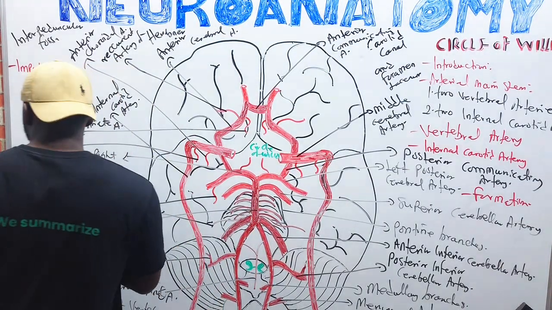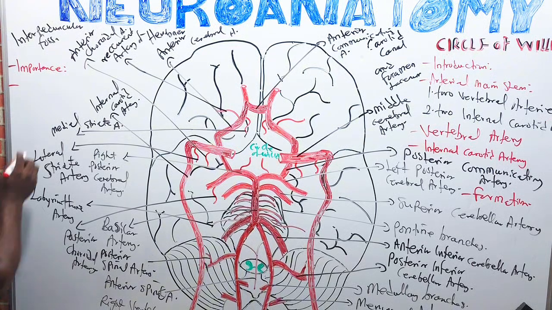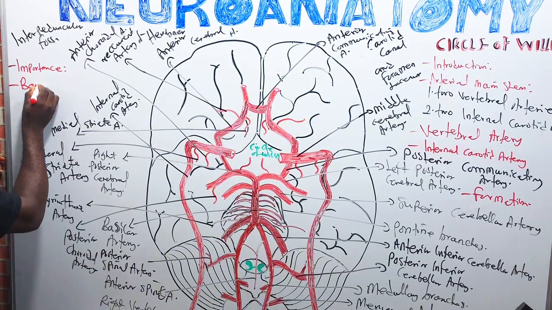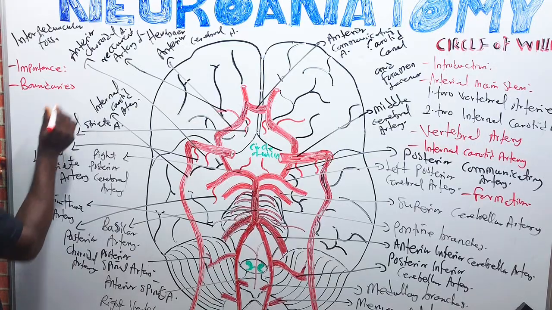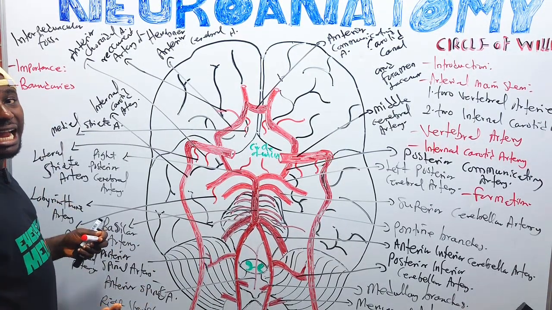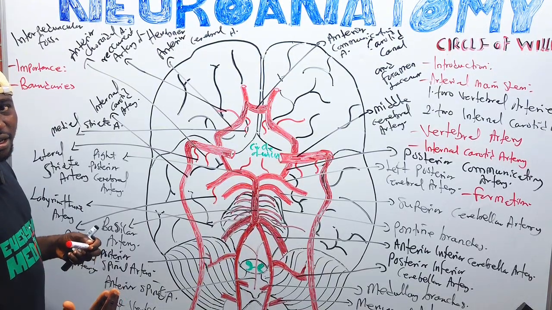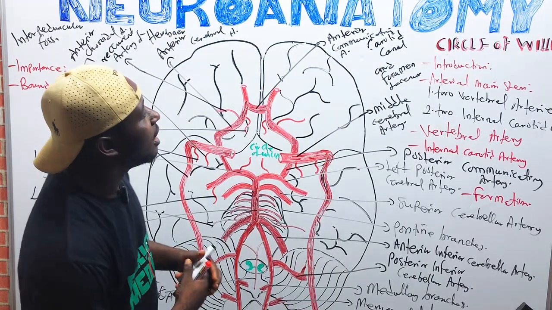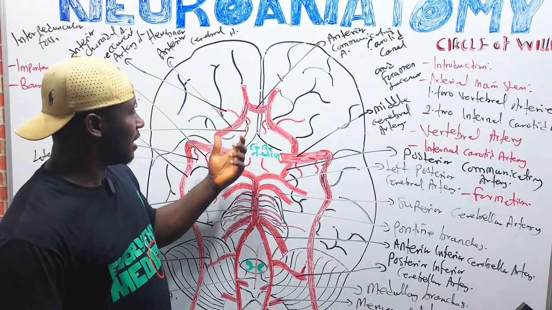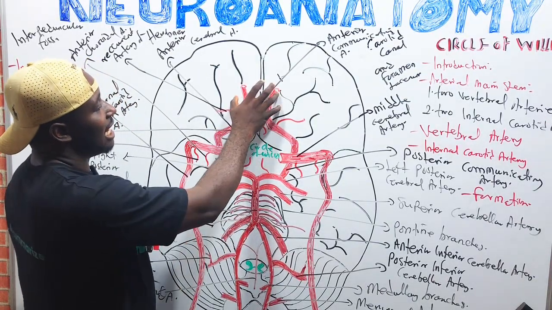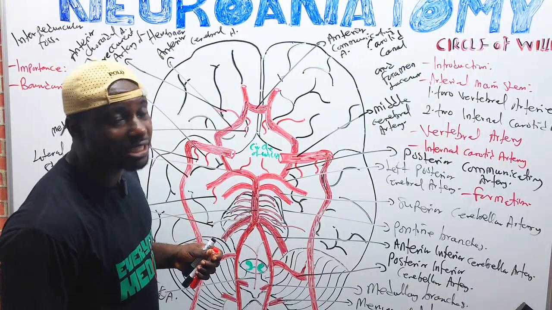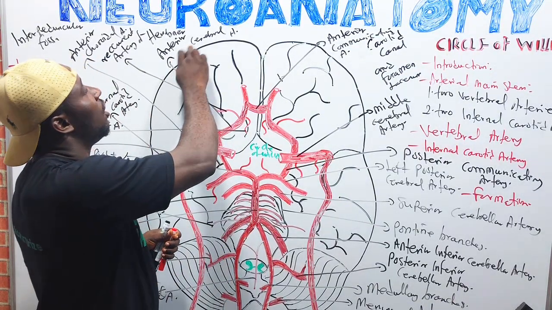Now, the next is the boundaries. It is bounded anteriorly, majorly, by the anterior cerebral arteries.